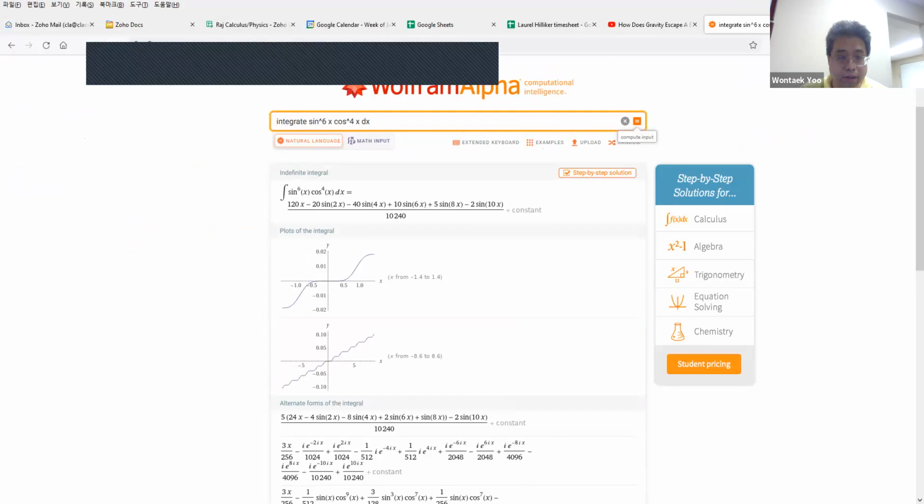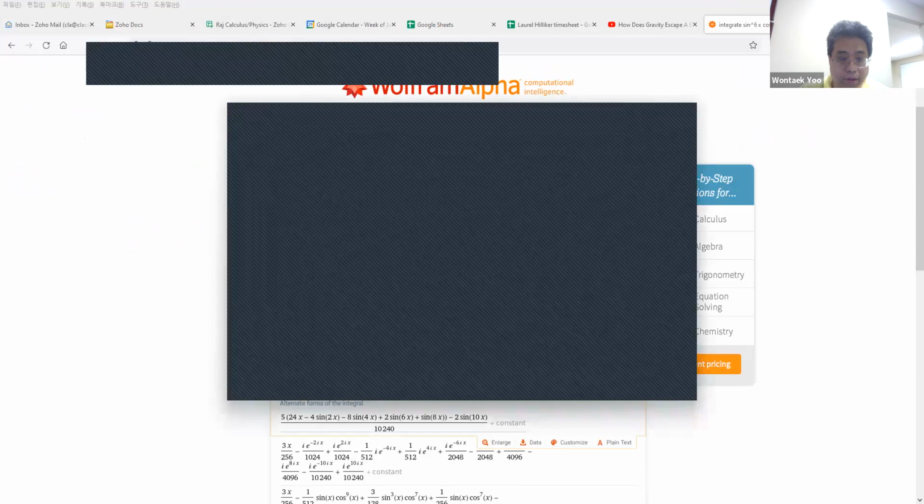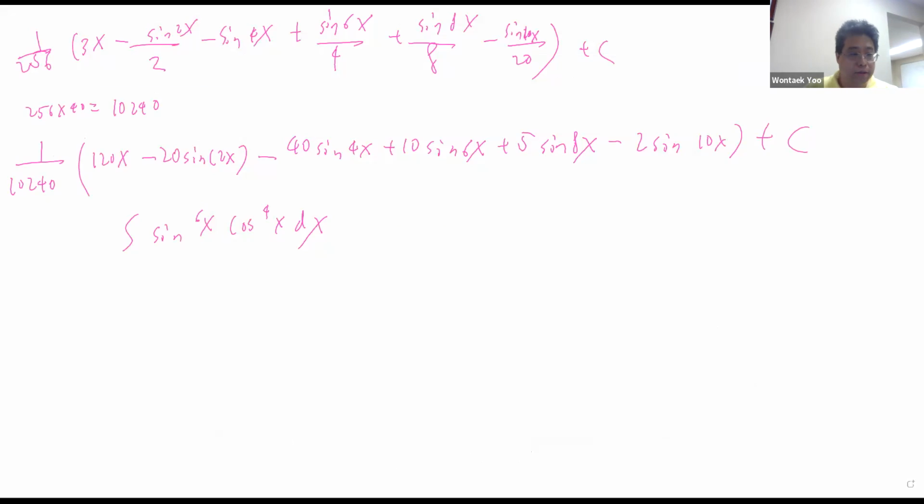Let us again check our answer. We have this 1 over 10,240 out in the front, but we have 120x minus 20 times sine 2x minus 40 times sine 4x plus 10 sine 6x plus 5 sine 8x and minus 2 sine 10x and then plus c. So we did it right.